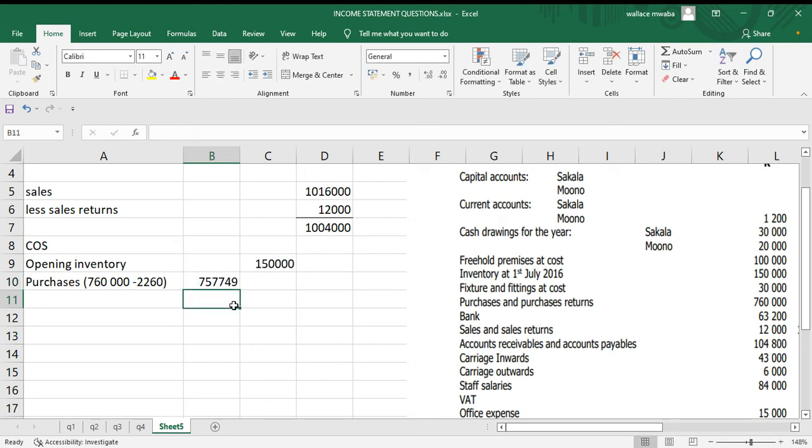Let me just confirm that figure. 760,000 minus 2,260. Yes, 757,740. Here it will be this. So 757,740.